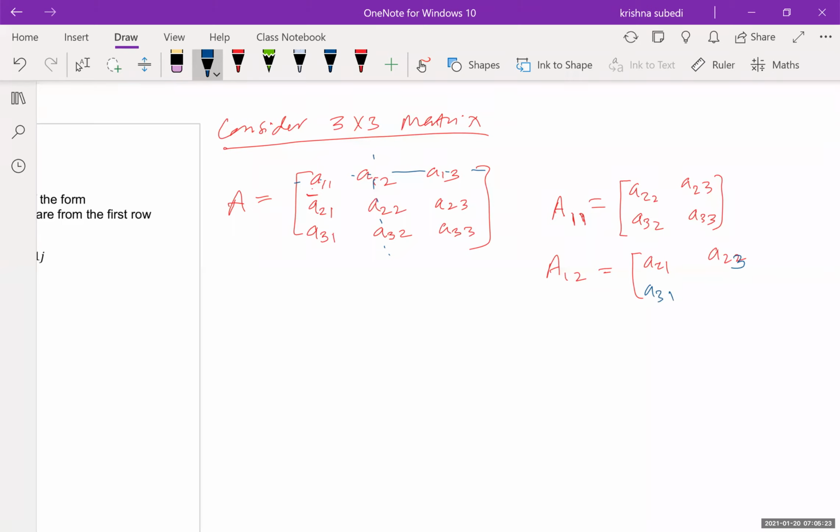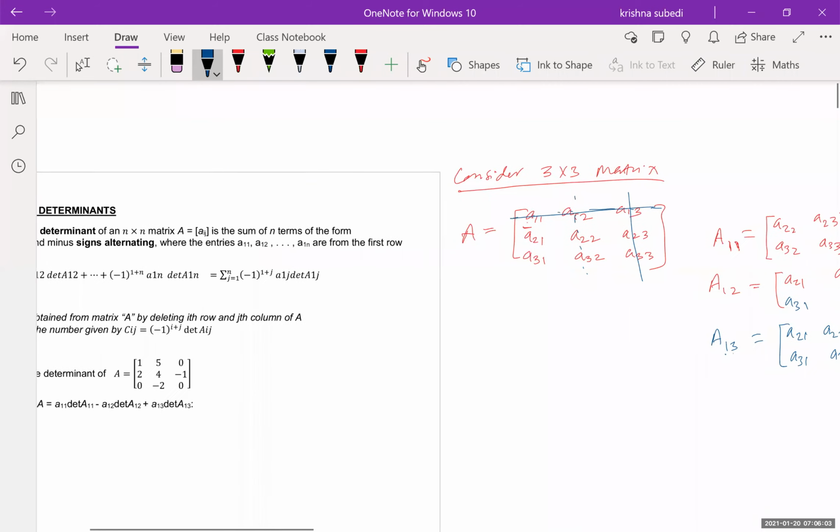In the same manner, if I write A_13, I need to delete the first row and third column, and whatever is remaining, I'll write there. So the remaining is a_21, a_22, a_31, a_32. That's what it means.